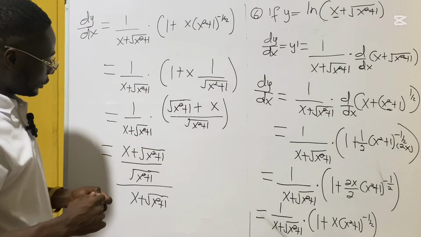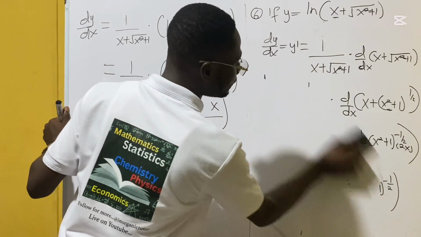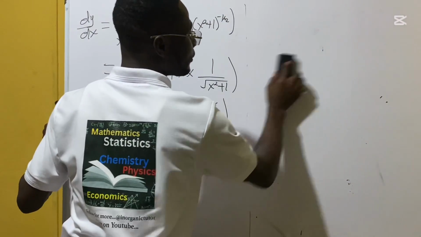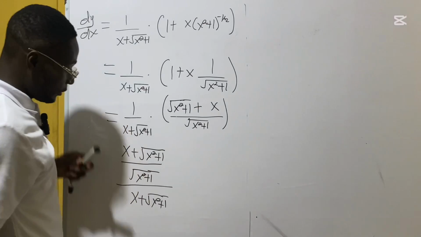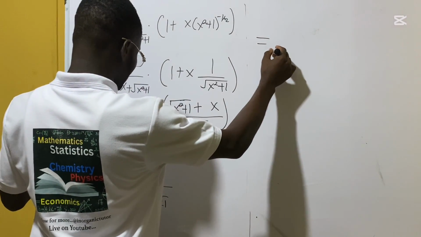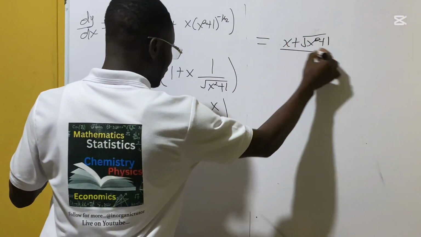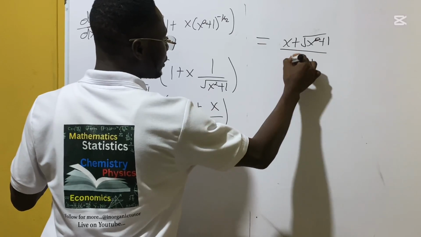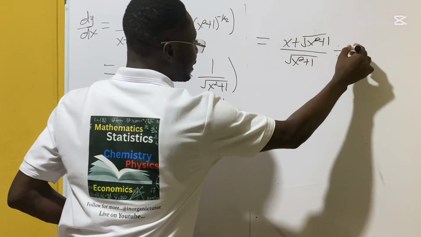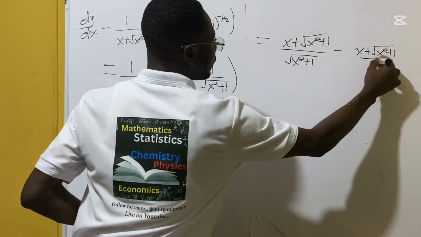So we're going to have x plus square root of x squared plus 1 all over the square root of x squared plus 1, divided by x plus square root of x squared plus 1 all over 1, right?